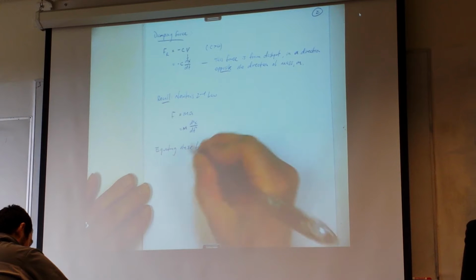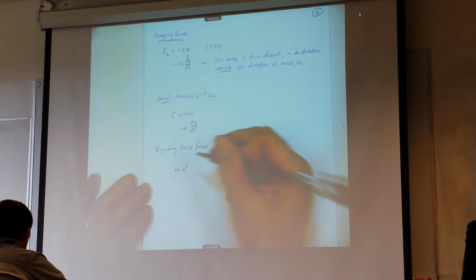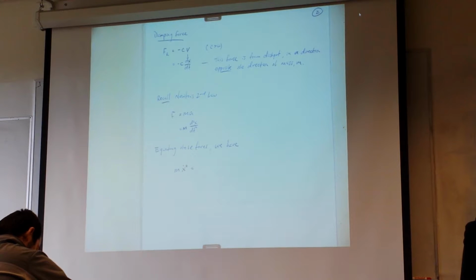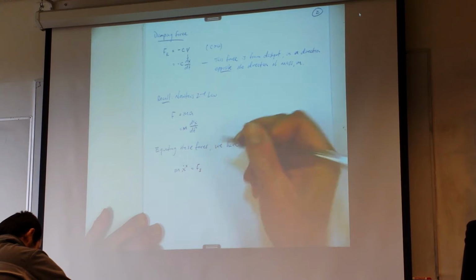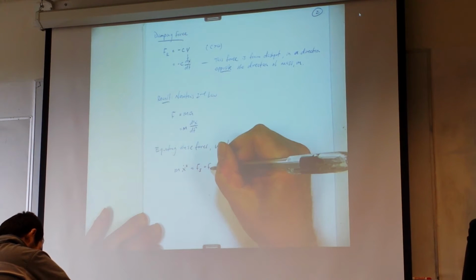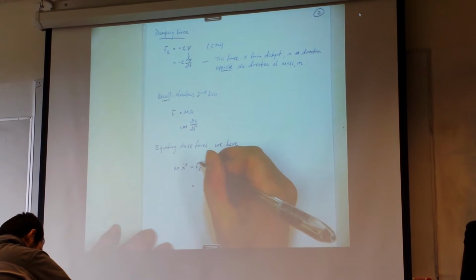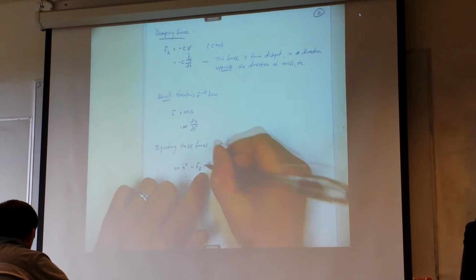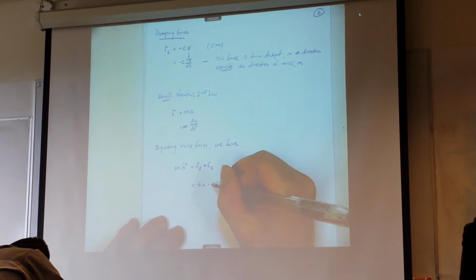On one side, the force is equal to m times, I'm just going to call that x double prime at this point, which is equal to the sum of the other forces: the restorative force from the spring plus the force exerted on it from the damper in the dash pot. Adding these together, f sub s was negative kx plus f sub r was negative c dx dt, so it's just minus c times x prime.